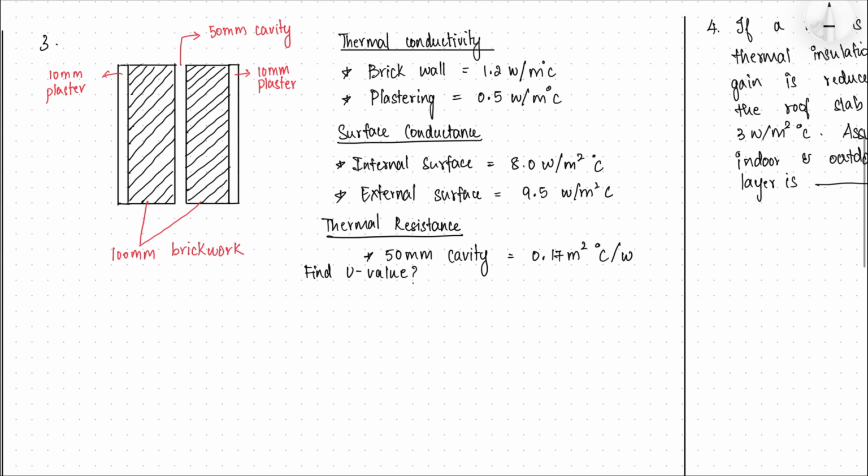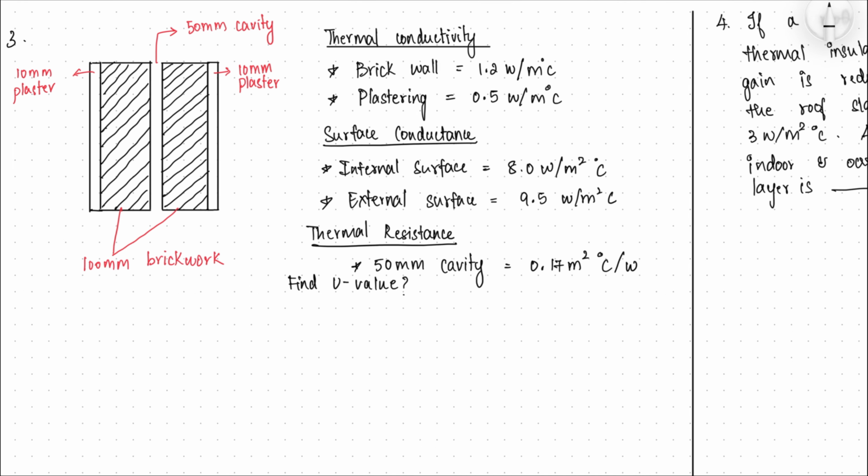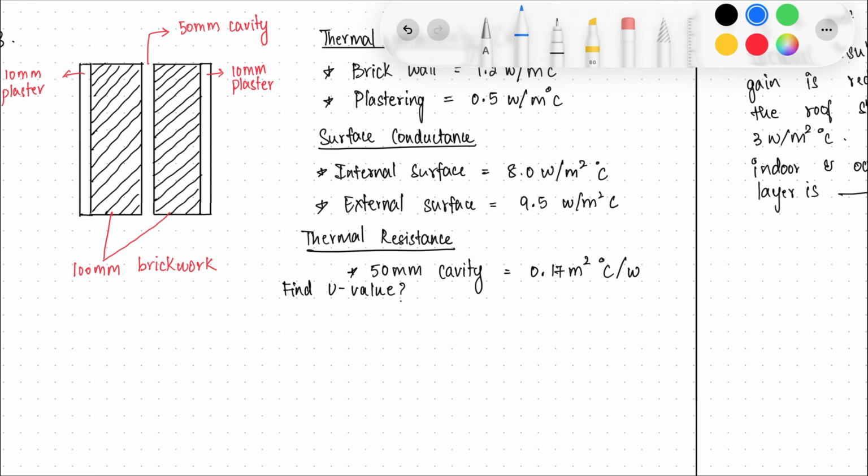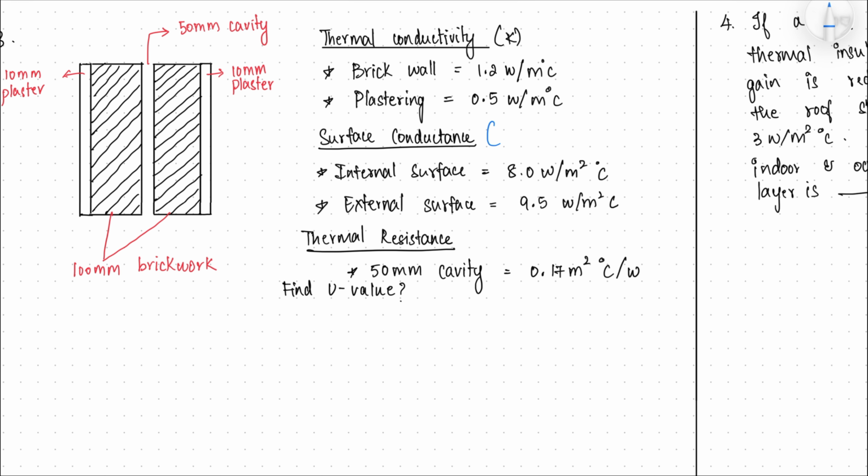Here they have given the section of a wall which has 100 mm brickwork with a 50 mm cavity in the middle and 10 mm plaster on either side. They have given some related parameters here, like the thermal conductivity, which is K, the surface conductance, SC, and the thermal resistance, which is the R value.